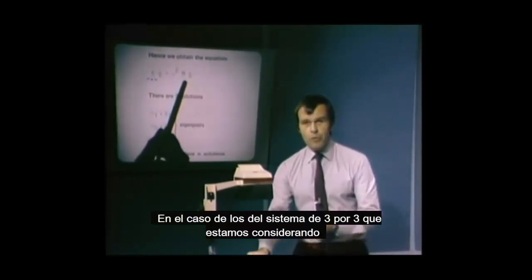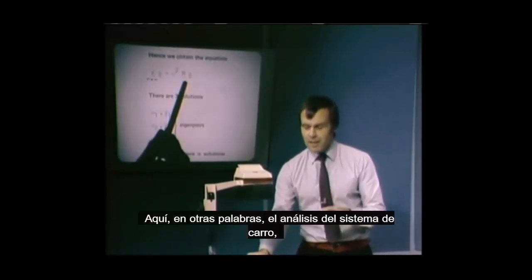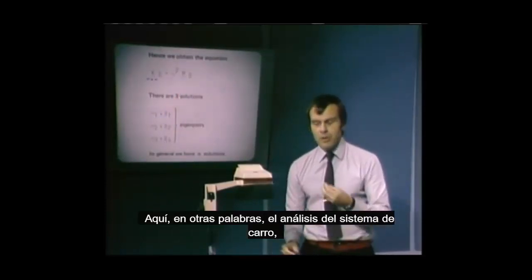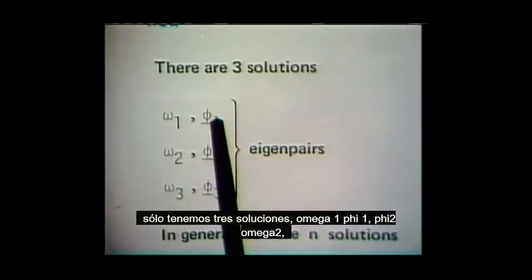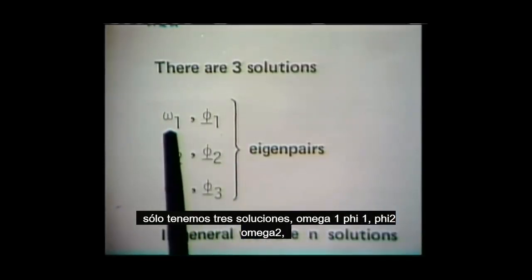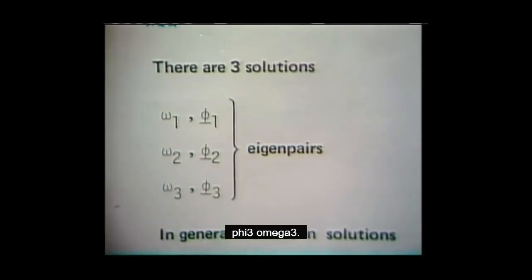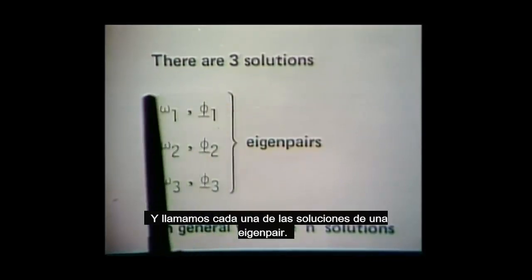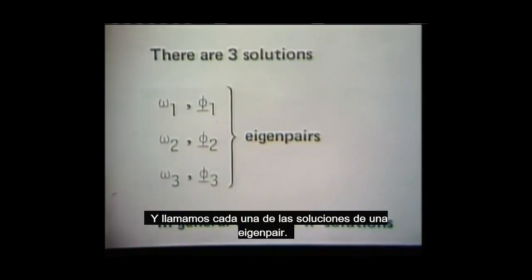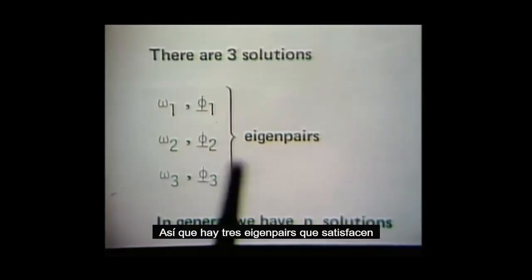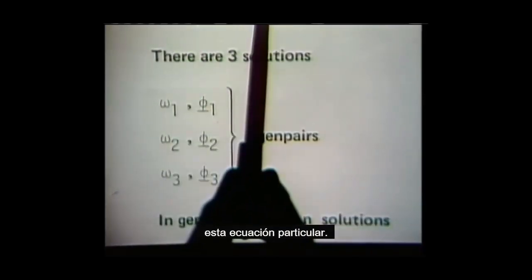In the case of the 3 by 3 system that we are considering here, in other words the analysis of the cart system, we only have 3 solutions: omega 1 phi 1, omega 2 phi 2, omega 3 phi 3, and we call each of these solutions an eigenpair. So there are 3 eigenpairs that satisfy this particular equation.